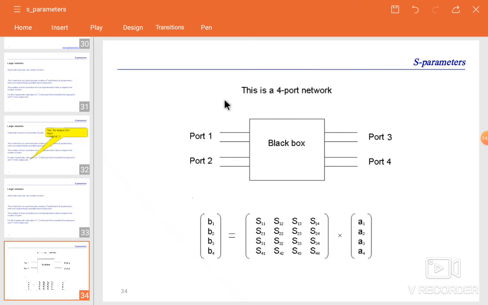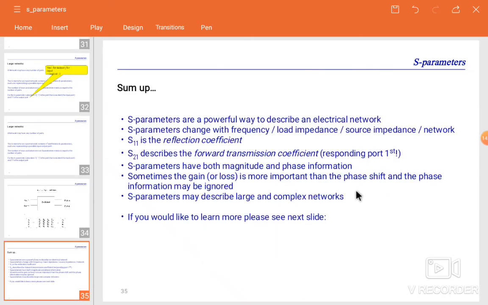So this is the basic knowledge of S parameters. If we conclude, S parameters are a powerful way to describe electrical networks. S parameters change with frequency, load impedance, source impedance, and network.